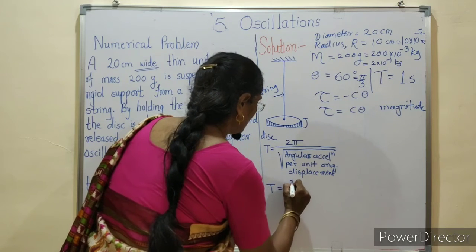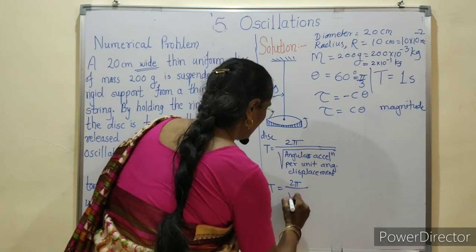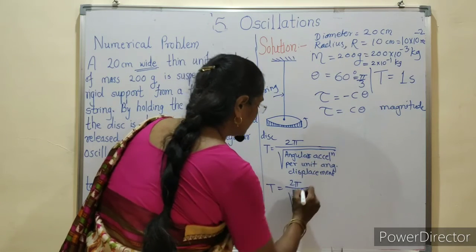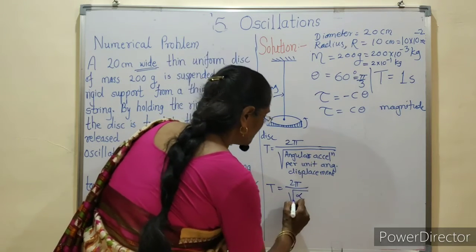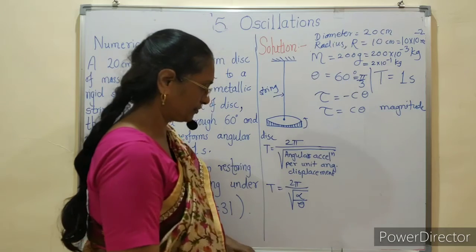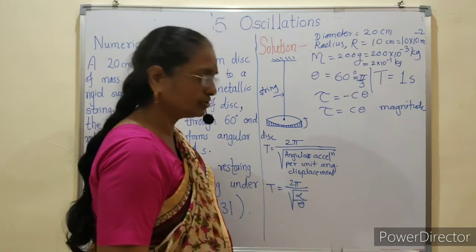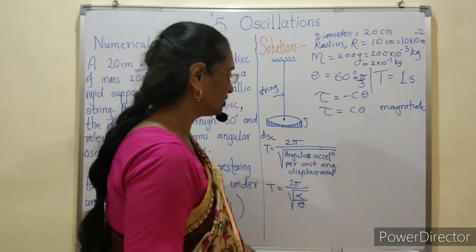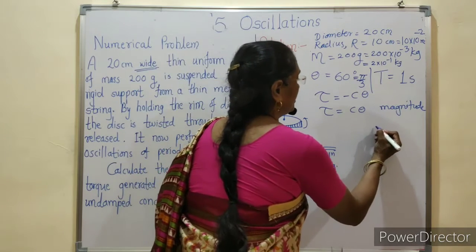T is equal to twice pi upon under root, angular acceleration is alpha, displacement is theta. So twice pi alpha upon theta. But alpha upon theta can be calculated like this.